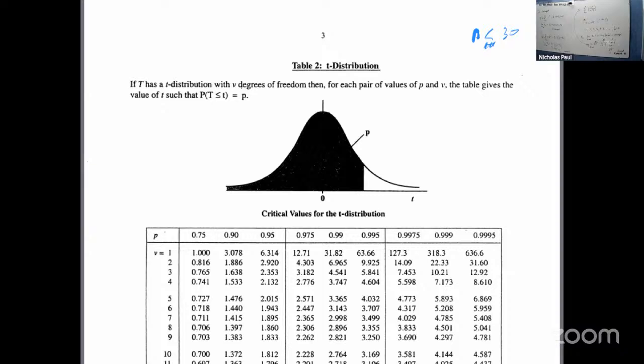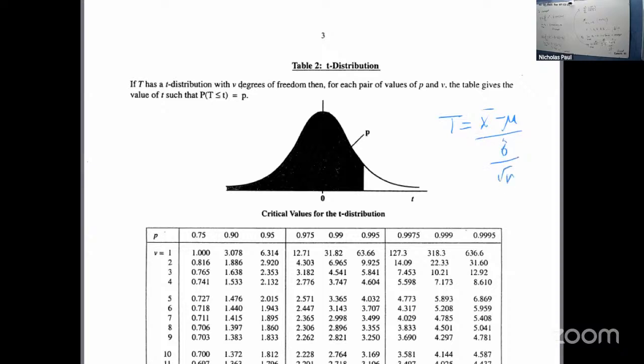To standardize the values, it's like how you used to standardize z, which is x bar minus mu all over sigma root n. Same thing. T is equal to x bar minus mu, all over sigma hat on root n.